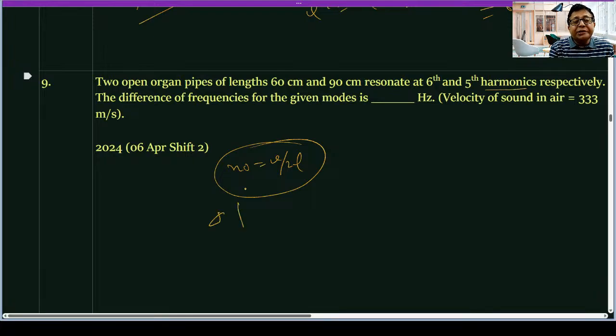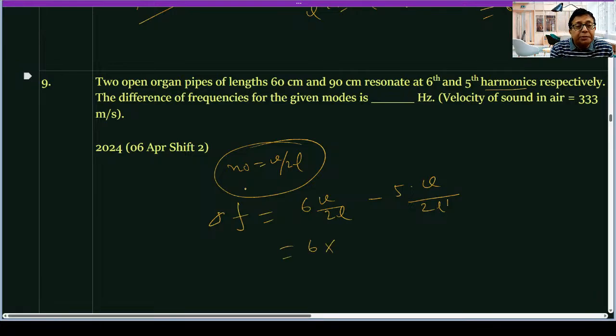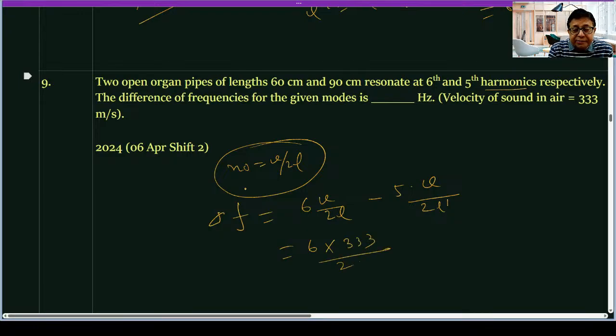So the change of frequency delta F is going to be 6V by 2L minus, for the 90 centimeter pipe, 5V by 2L dash. Just substitute the values.